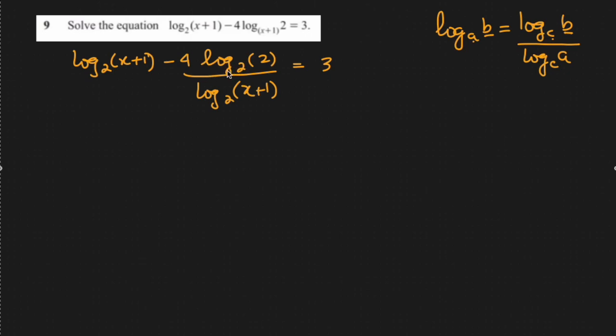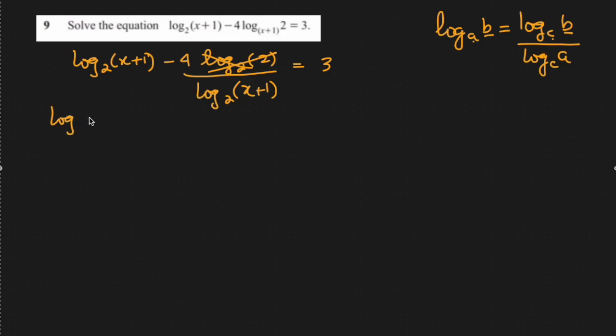Okay, now log base 2 of 2 is 1, isn't it? What exponent of 2 is 2? 1. So that means if you ignore this, it will be good, no problem. So now it becomes a new equation.